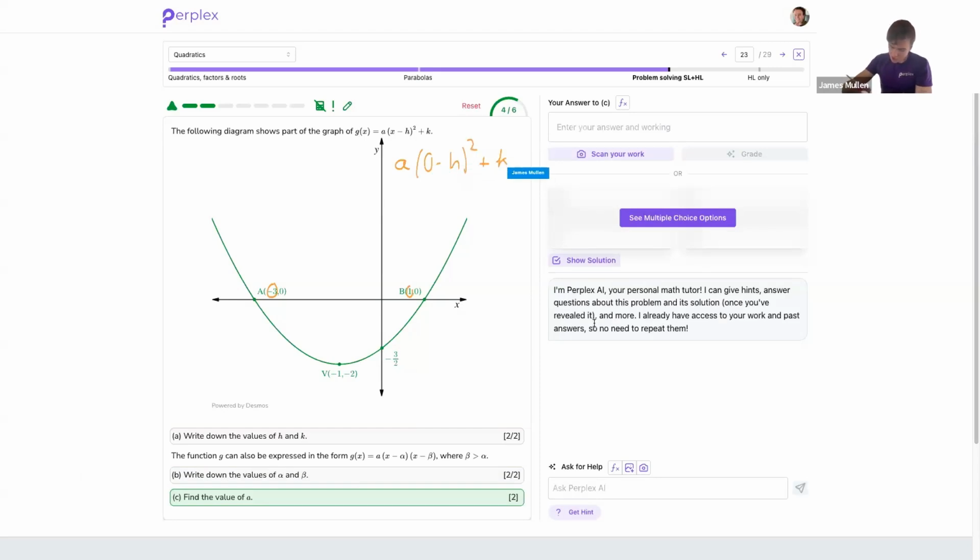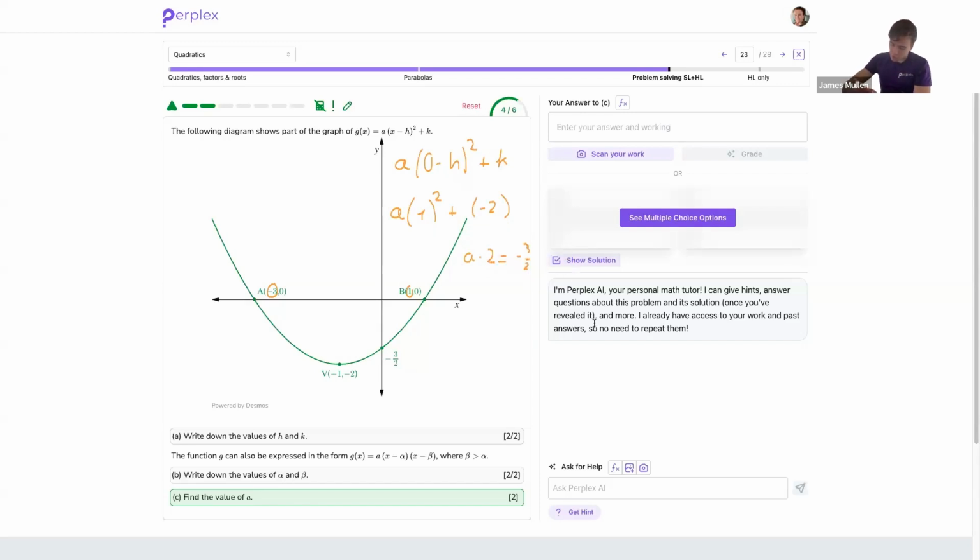And I know that h in part A we found was negative 1, and k was negative 2. So I have a times 1 squared, because negative 1 squared is 1. And I'm adding negative 2. So I'm going to have a minus 2 supposed to be equal to negative 3/2.